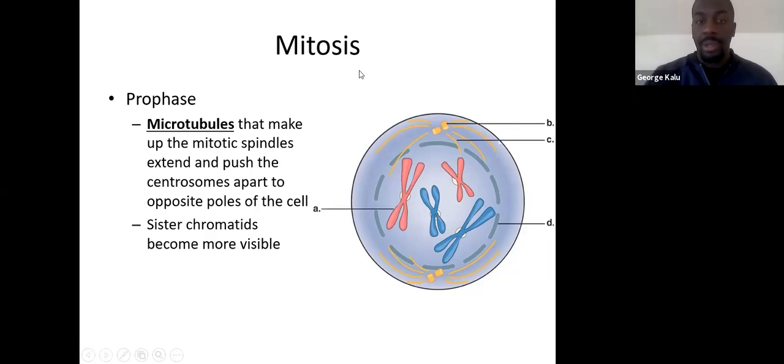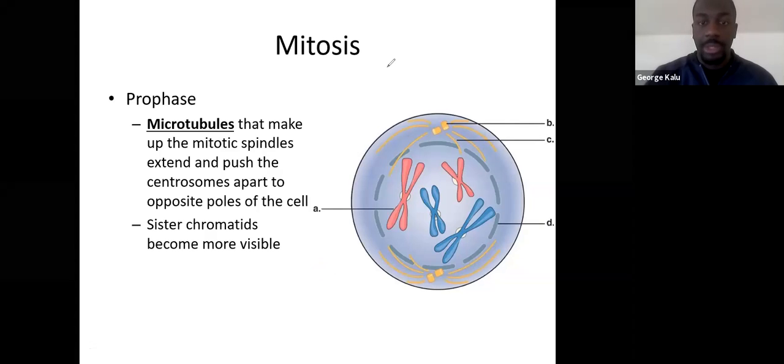Okay, so when we look at our chromosome, it's going to look something like this. So this whole thing would be 1 chromosome.